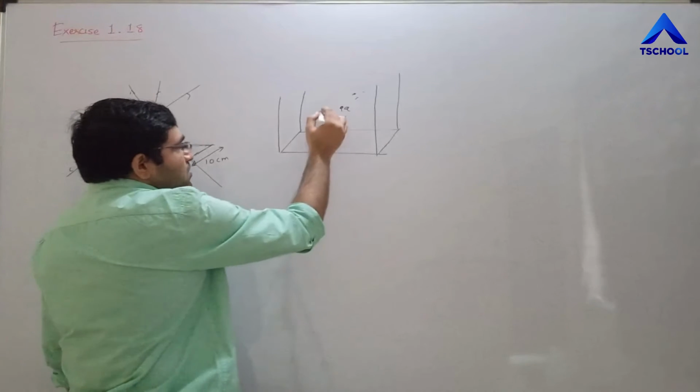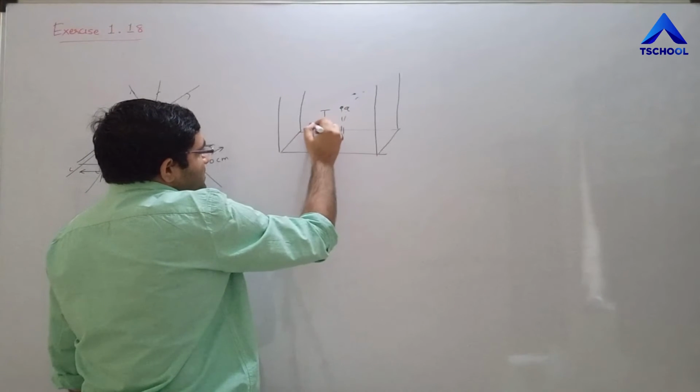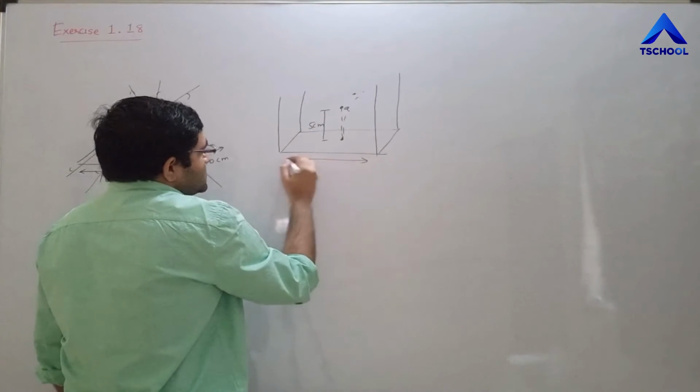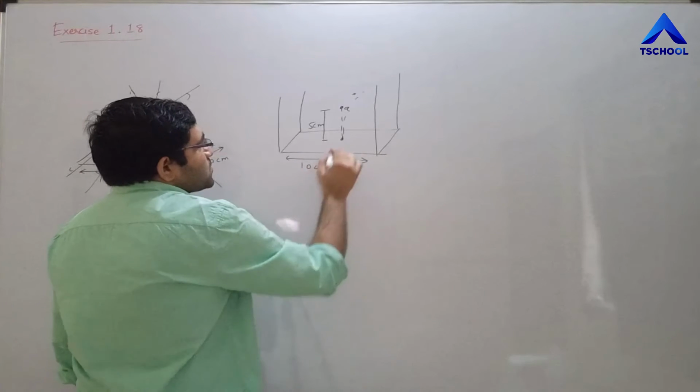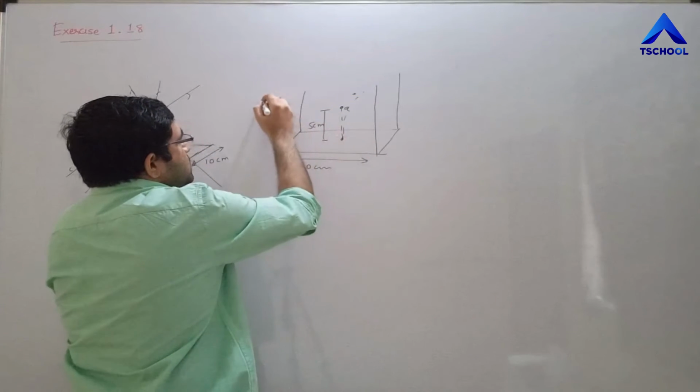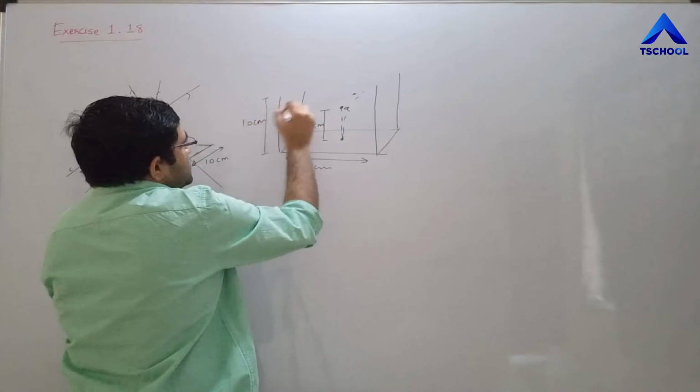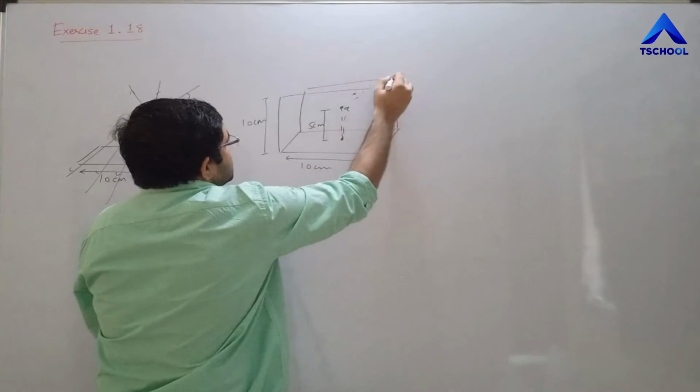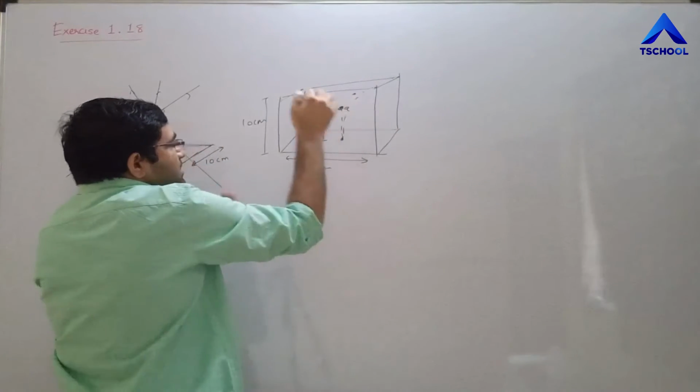That's only possible because this is 5 centimeter, as given in the question, and this is 10 centimeter. When you construct a cube with side length 10 centimeter, this point charge sits directly at the center of that cube.